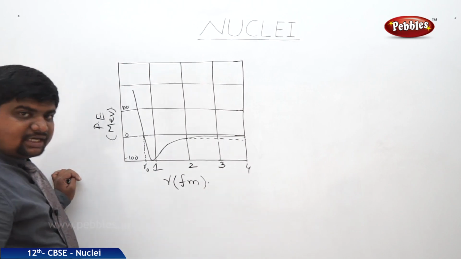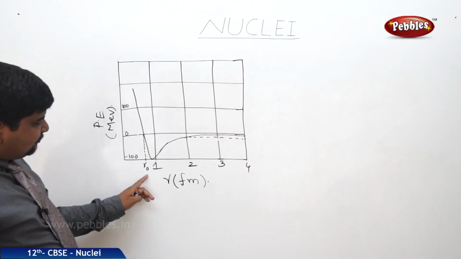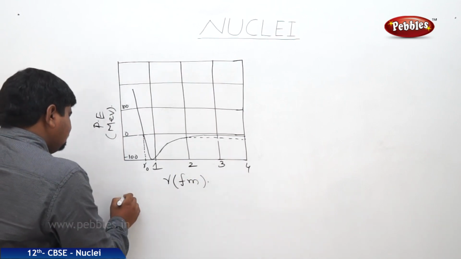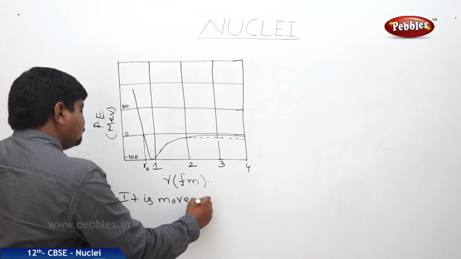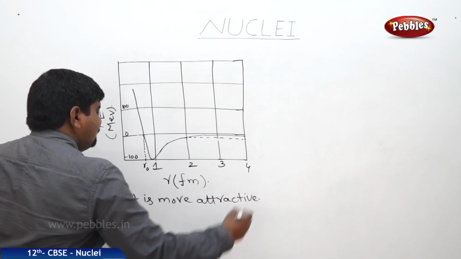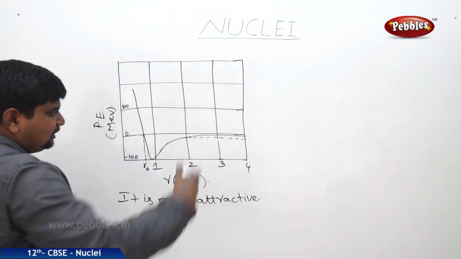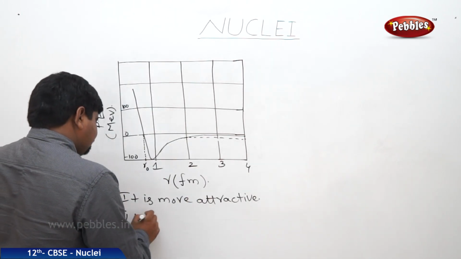If the distance is less than 0.8 FM, the potential energy is minimum. That means it is more attractive. Whenever it crosses over 0.8, see the graph, it is repelling at larger distances, so it is more repulsive.